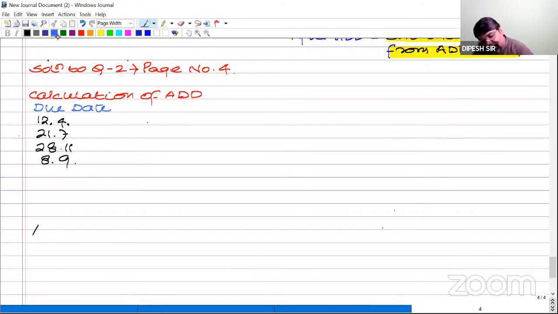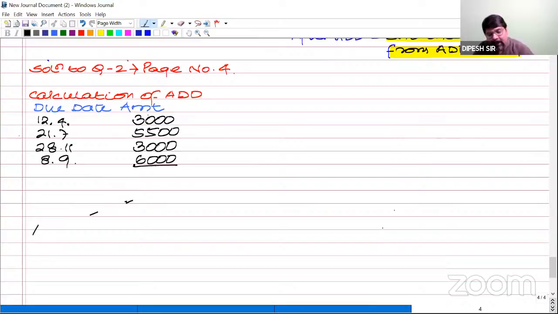Now Charted, amount. The amounts given in the question are how much? 3,000, 5,500, 3,000, 6,000.